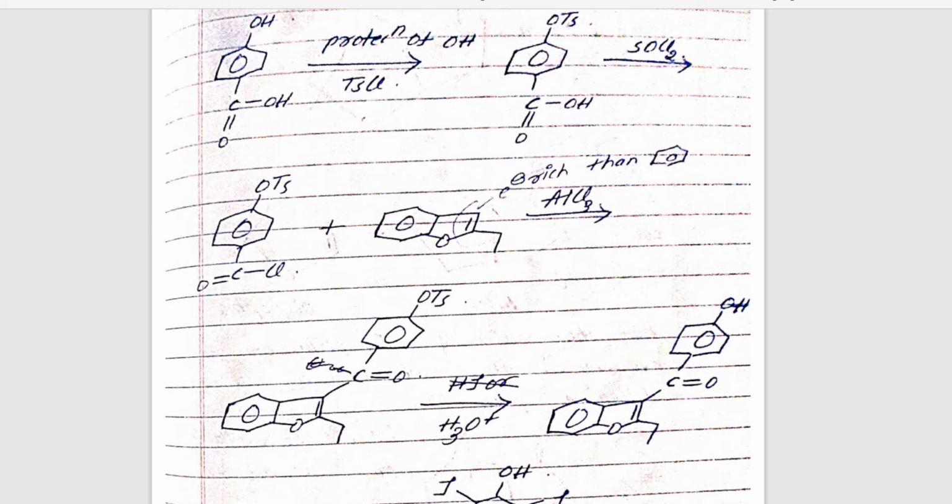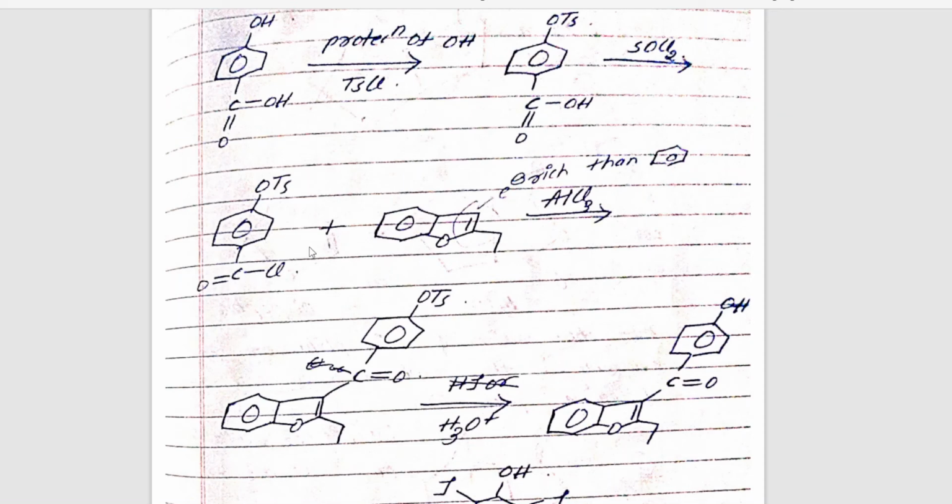One more thing is that you might think that there is a possibility that this ring can also get attached to this benzene part. Why only it should get attached to this oxygen containing ring here? That is because this position is more electron rich than the benzene here. That is the reason the C double bond O part will come and attach only to this part here, because the C double bond O part here will be electron deficient.